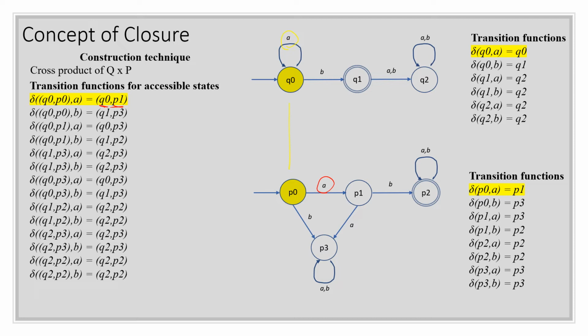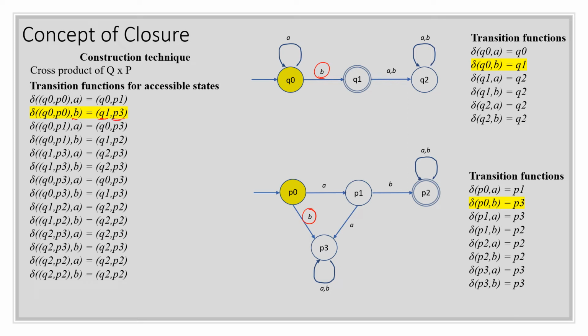And the combined state they go to with an A is Q0, P1. Then we go to the next one. Q0, P0, we just did an A, so now we're going to do Q0, P0 with a B. Q0 with a B goes to Q1, and P0 with a B goes to P3.